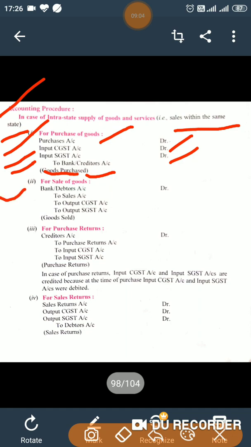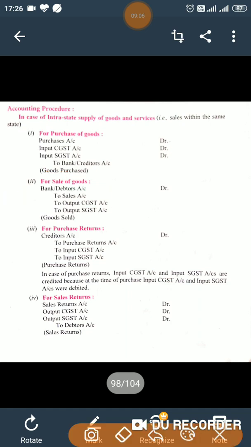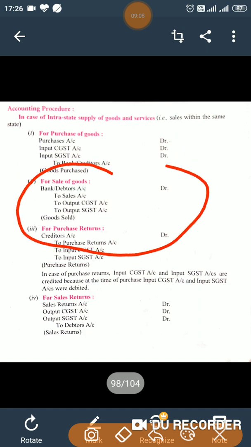For sale of goods, if you are selling goods on credit, then debtor account, representing the customer who is the receiver of goods, will be debited. If you have received a check, then bank account will be debited, and if you are receiving cash, definitely cash account will be debited.